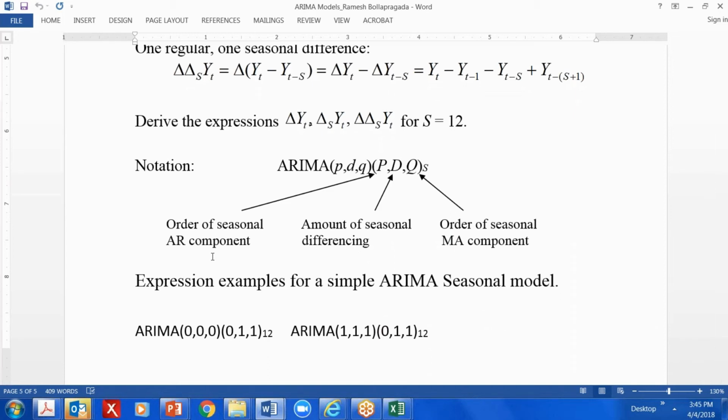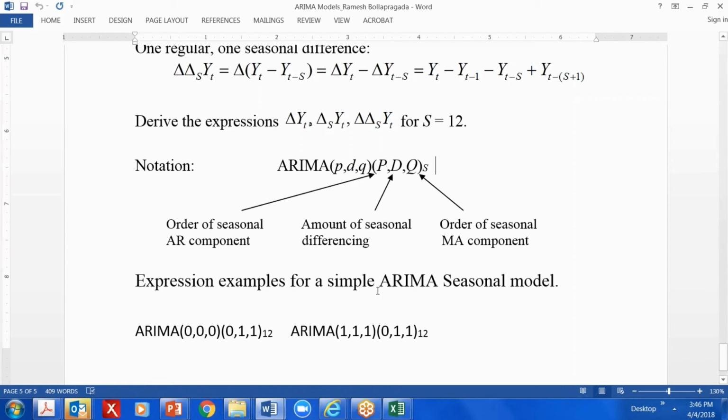The generalized version of the ARIMA for a non-stationary seasonal time series model looks like this. Apart from the regular p, d, q, you have another version, capital P, capital D, capital Q, which are associated with the seasonal time series part. Capital P stands for the order of the seasonal AR component, capital D stands for the amount of seasonal differencing, and capital Q stands for the order of the seasonal moving average component.